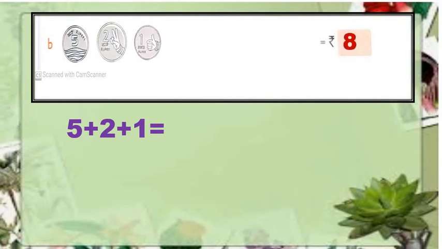We can say that here total 8 rupees are 5 rupees plus 2 rupees plus 1 rupee. Total we have 8 rupees.